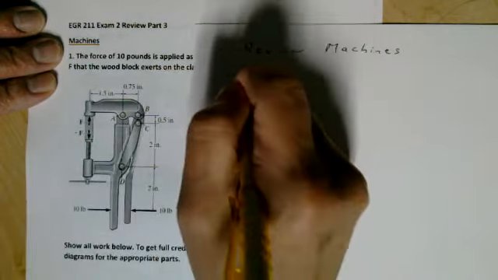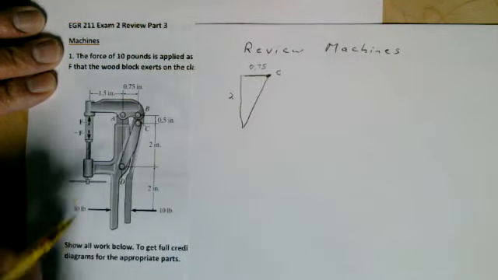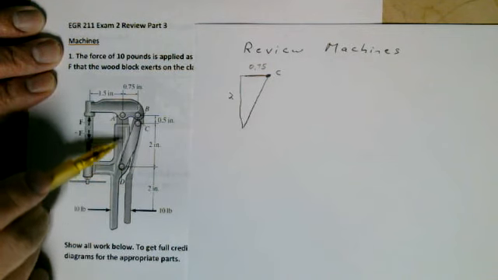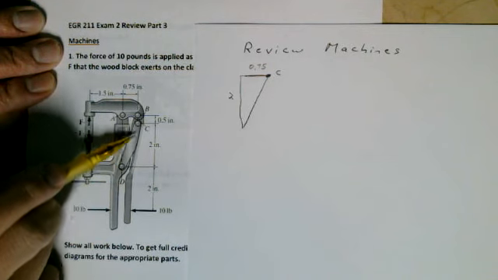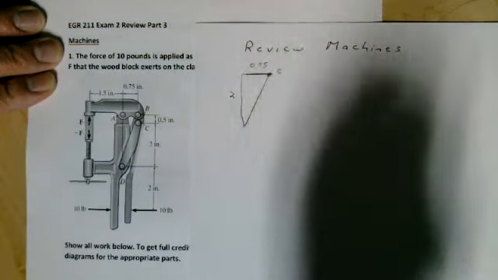You'll see in a minute what I mean. So C is coming in, and this will be going into B, 0.75 inches here, 2 inches here.